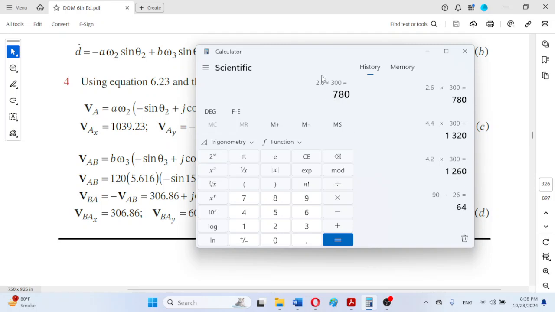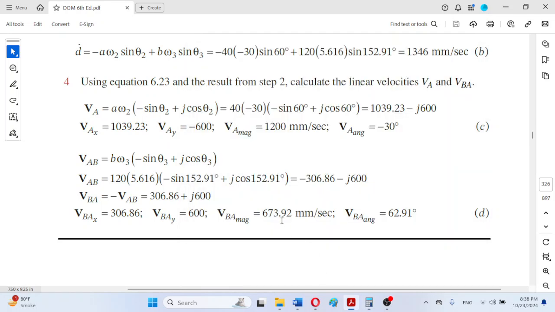For example, if here it were 2.5, and we multiply 2.5 by 300, it comes out to be 750.